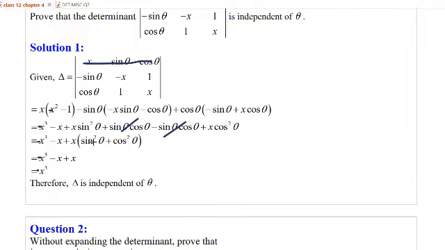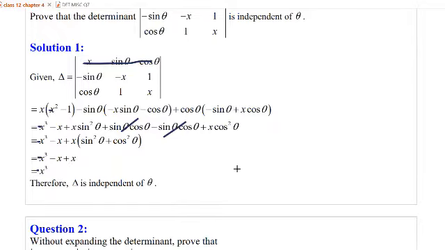Now sine square plus cos square is 1, so 1 into x is x. Remaining these terms will be written as it is, and this x will cancel this x, and the answer is minus x cube, which is independent of theta. That is, there is no theta term here.